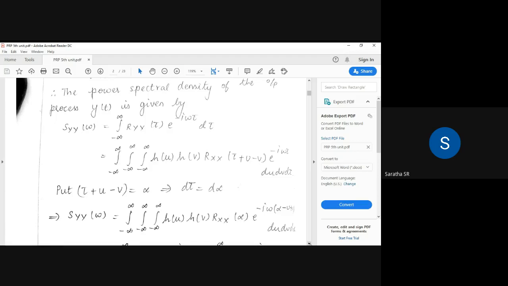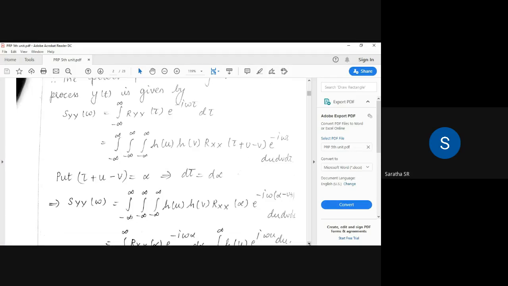So we have S_yy(omega) equal to a triple integration of h(u) h(v) R_xx(alpha) e to the power minus i omega tau.